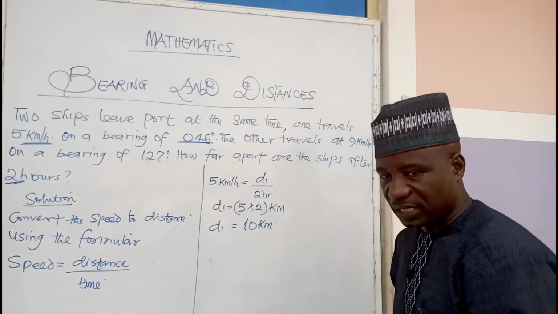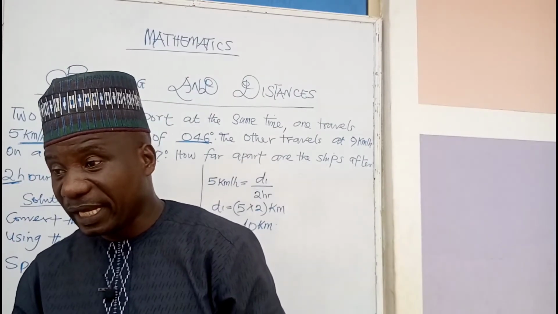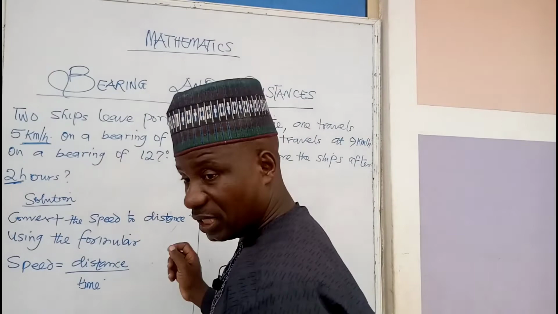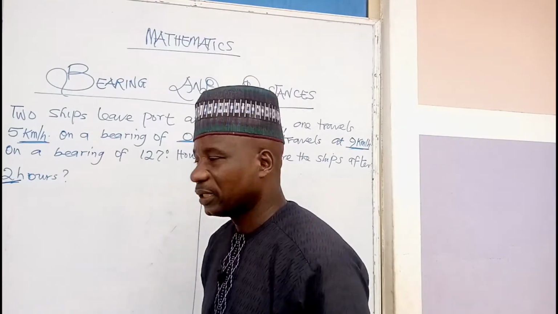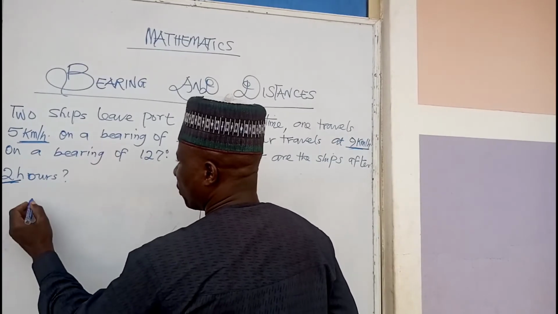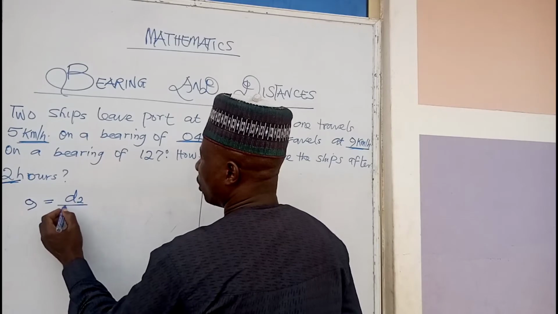We have converted, because you cannot use speed. The topic is bearing and distances, not speed. So we have converted the speed into distance. Let's get the second distance. Using the same formula, our speed now is 9, which is equal to D2 all over the time.